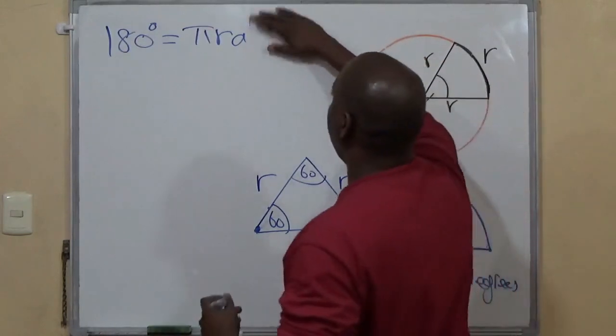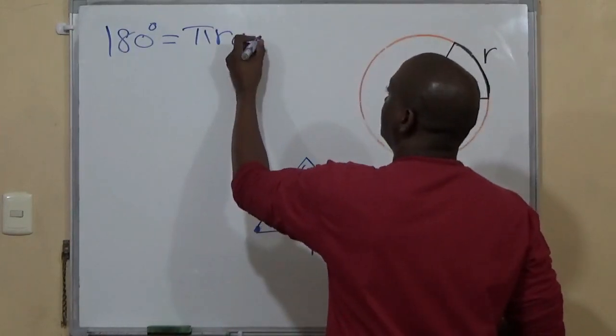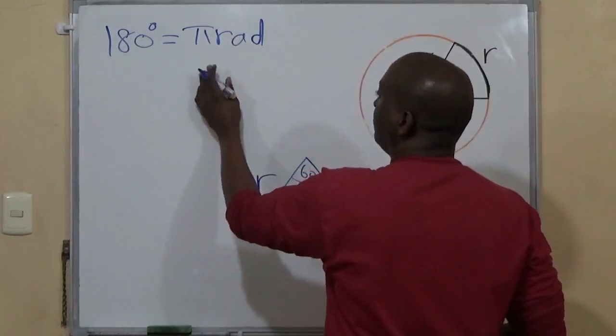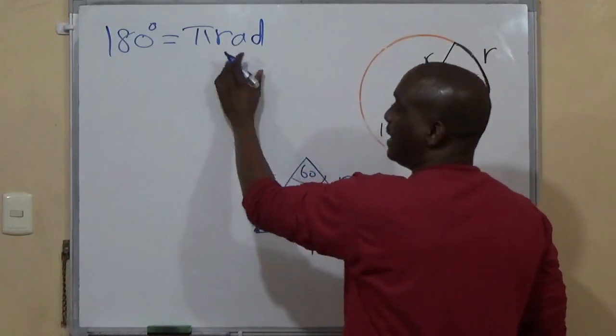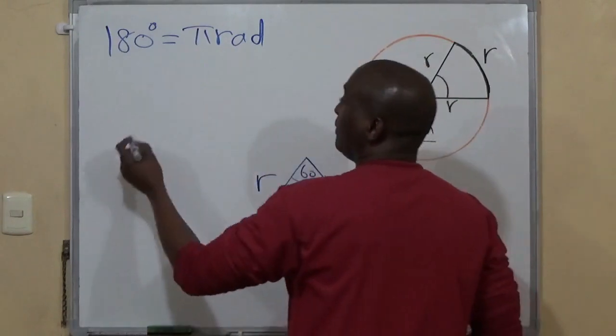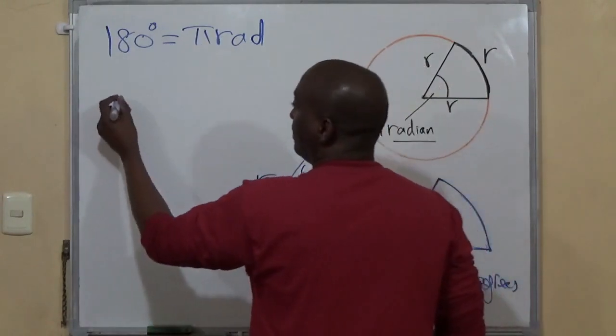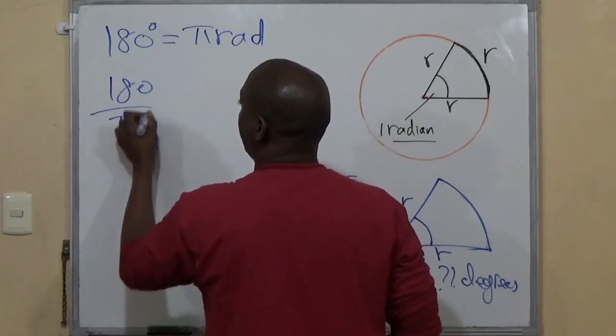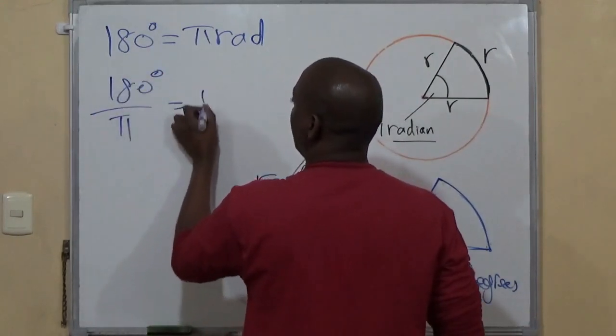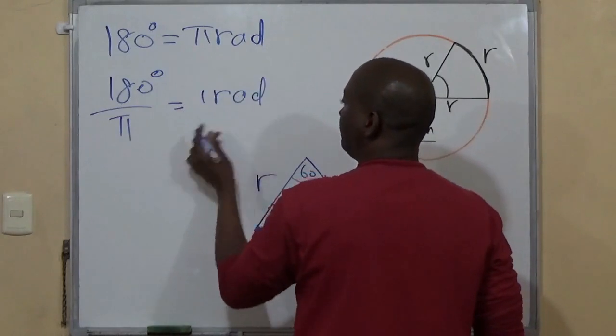Well, it's very simple. Once you write it out like this, all we have to do is make 1 radian the subject of the formula, which we do by dividing the entire equation by pi. So we cross multiply and bring pi to the other side. So we say 180 degrees over pi is equal to 1 radian.